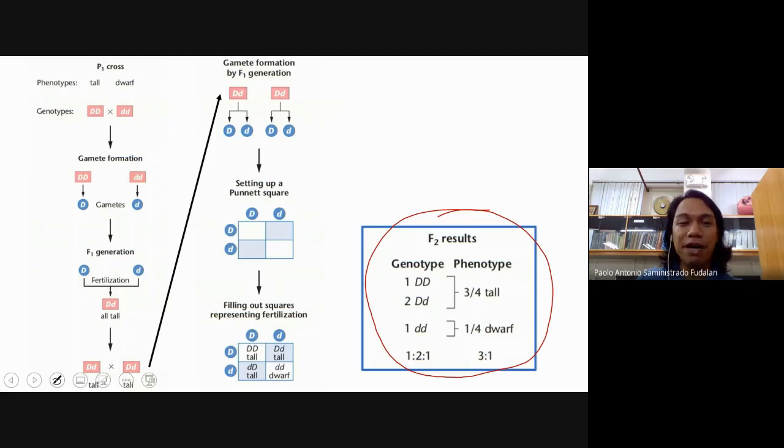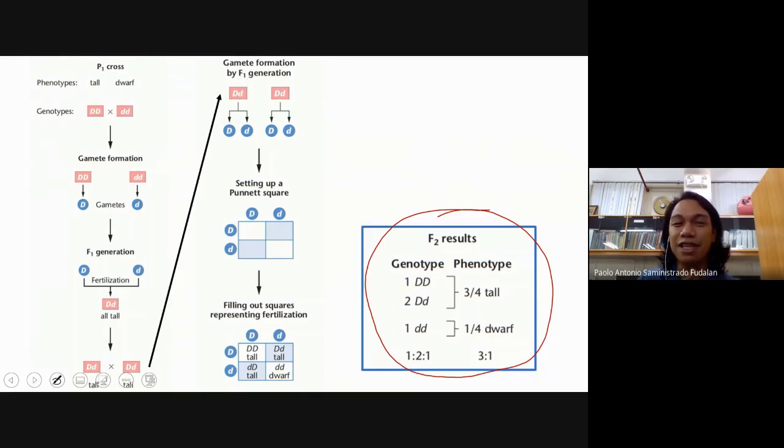While you're preparing, let me also mention the two laws that Mendel came up with in his work. First, there was the law of segregation, meaning that we actually inherit two alleles for a character.